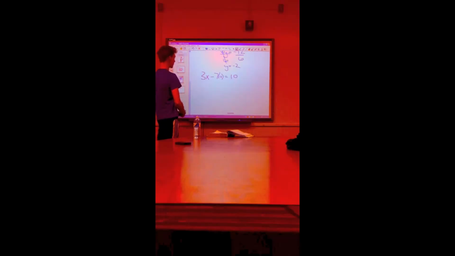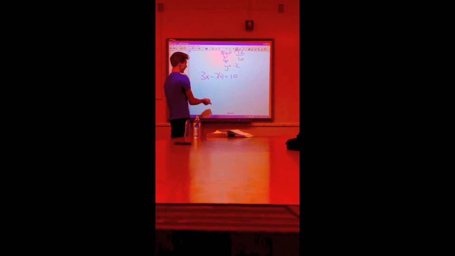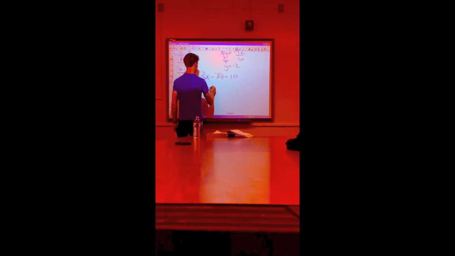Okay, now we're going to solve for x since we already have our y value. So we're going to put what we got for y into y for that equation. So this becomes 3x plus 14 equals 10.